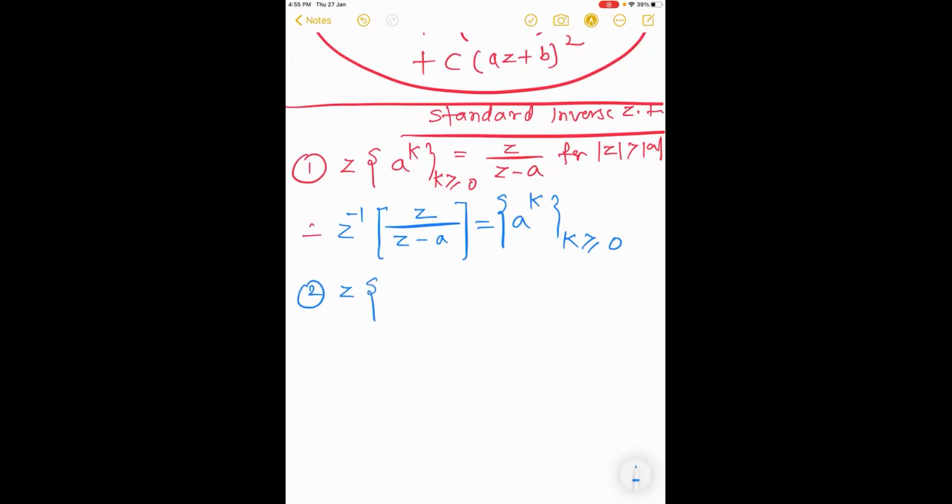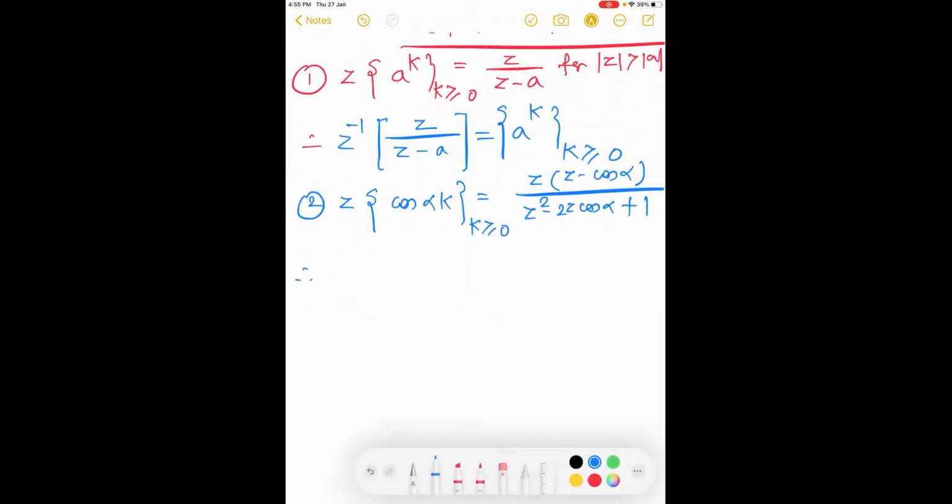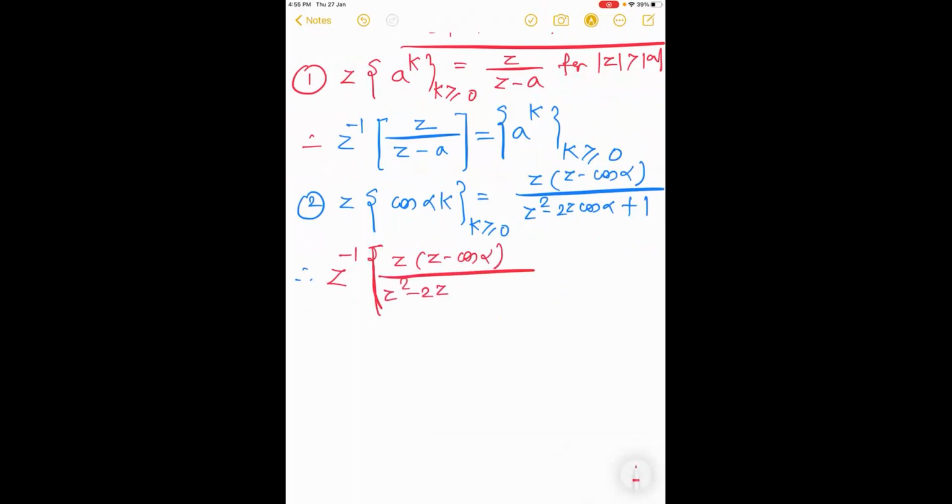Z transform of cos of alpha k, for k greater than or equal to 0, is z into z minus cos alpha upon z square minus 2z cos alpha plus 1. So if I take the Z inverse of the right hand side, z into z minus cos alpha upon z square minus 2z cos alpha plus 1, then I will get the answer cos alpha k for k greater than or equal to 0.